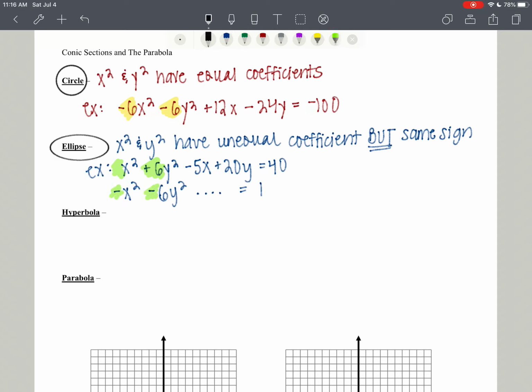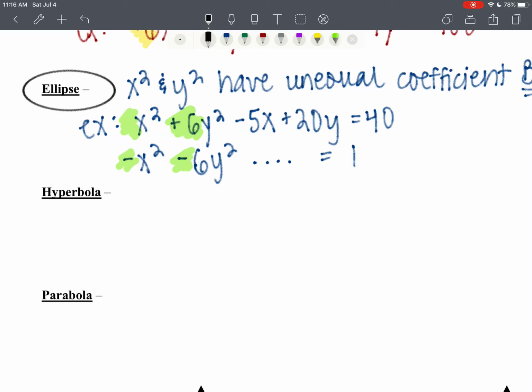Now a hyperbola, I like to try and draw a picture of what these look like. The hyperbola is either going to be two parabolas opening away from each other left, right. It's definitely a parabola opening left and a parabola opening right, or a parabola opening up and a parabola opening down.